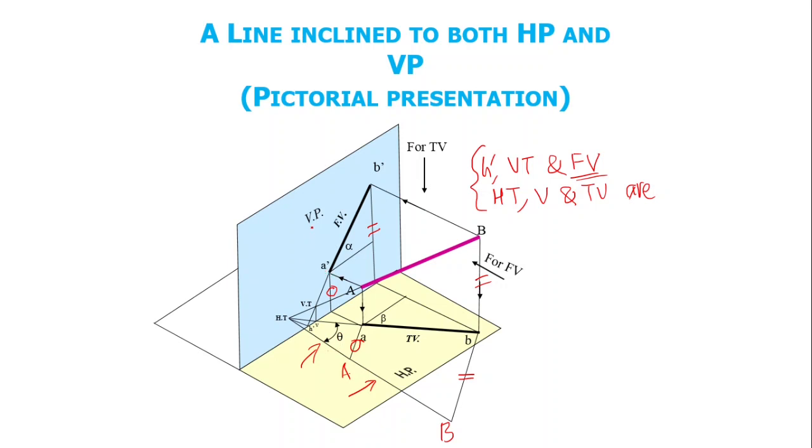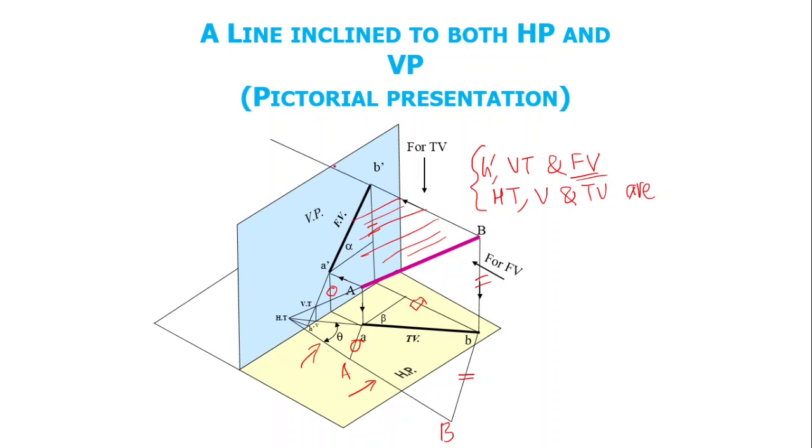Similarly, we can draw the distance of the plan from the XY line. This distance in VP means this particular distance. We can rotate this trapezium, small a dash, small b dash, B, capital A, by 90 degrees.